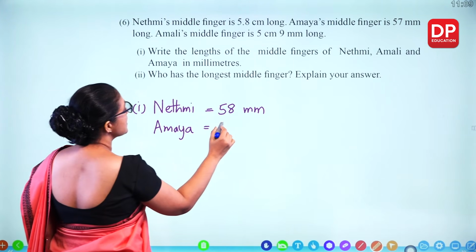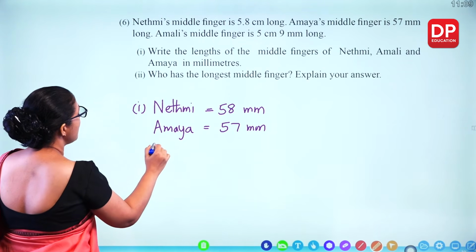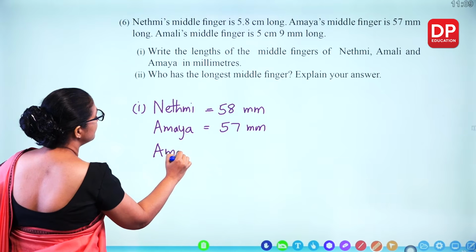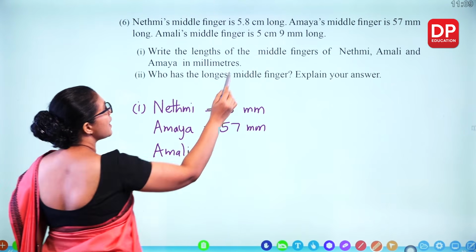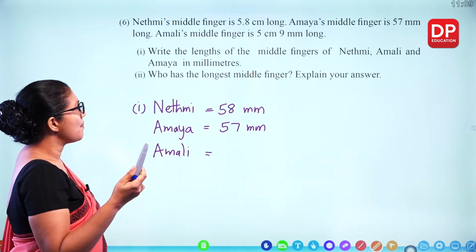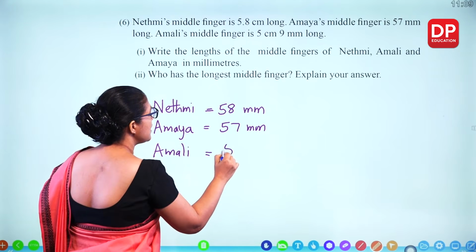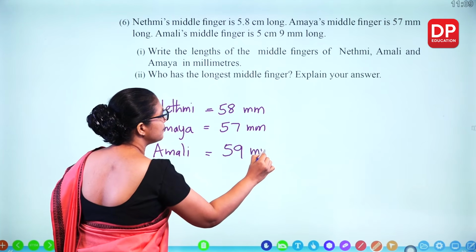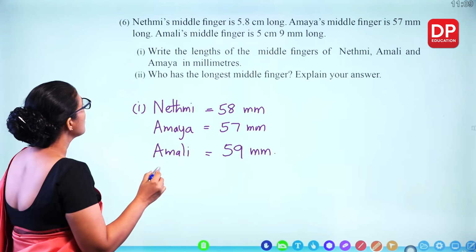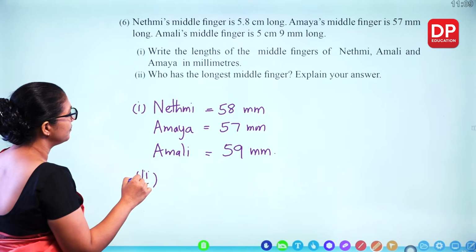57 millimeters. Already in millimeters. Then Amali. We can convert 5 centimeters to millimeters. That's multiply by 10, 50. 50 and 9, 59 millimeters. Who has the longest middle finger?